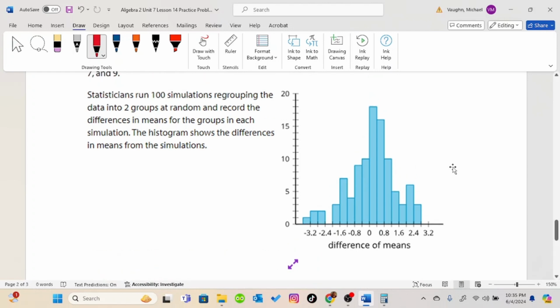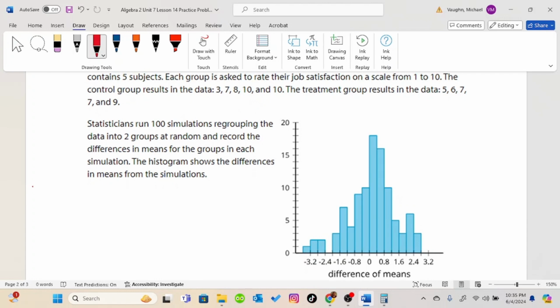So for number 1, in the control group, we have 3 plus 7 plus 8 plus 10 plus 10, and we're going to divide by 5. 10 plus 10 is 20, plus 8 is 28, plus 7 is 35, plus 3 is 38, and 38 divided by 5 is 7.6.